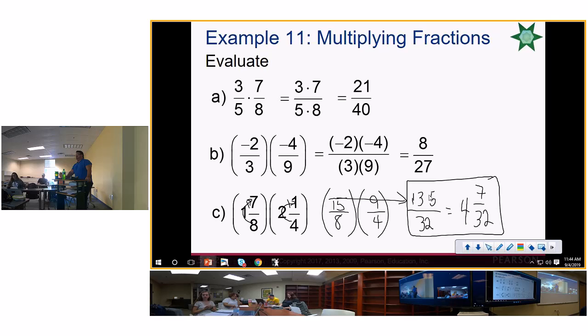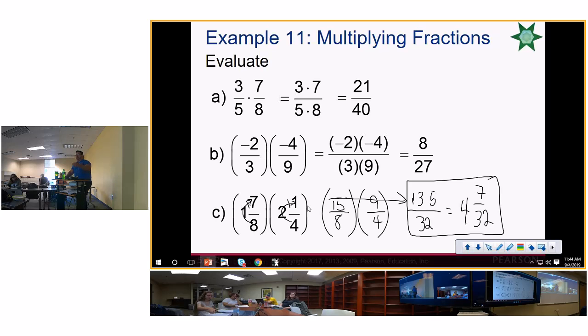4 and 7/32 or 135 over 32. Now the only reason, why did I change it? I don't have a unit of measurement. Why did I change it to a mixed number? Because the problem started with a mixed number. That's a general rule of physics, math, science, whatever you're in. If you start with a decimal, you end with a decimal.